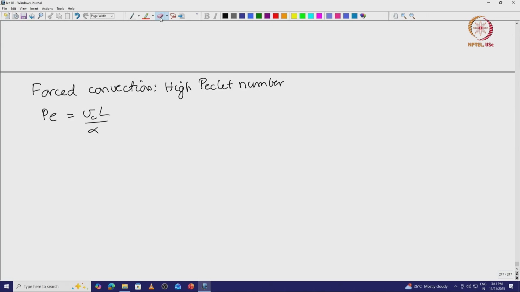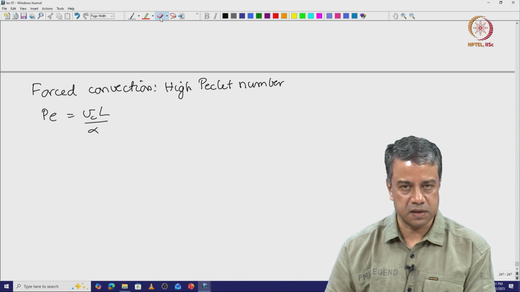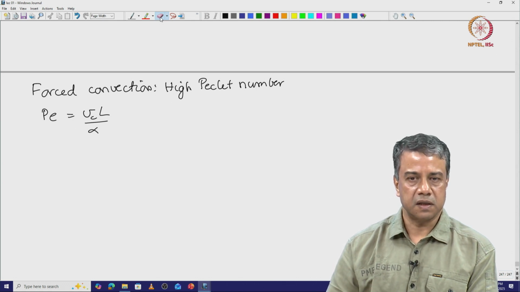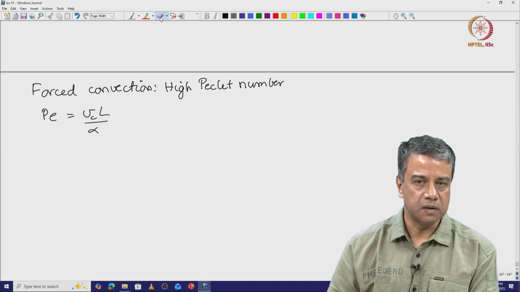Even in the limit of high Peclet number, where the heat or mass diffusing from the surface is rapidly convected downstream, there is still a thin boundary layer close to the surface where there is a balance between convection and diffusion. In this boundary layer, whose thickness decreases as the Peclet number increases, convection and diffusion balance, and because of that you have transfer of energy within this boundary layer.